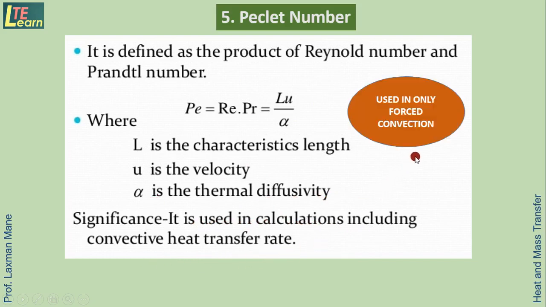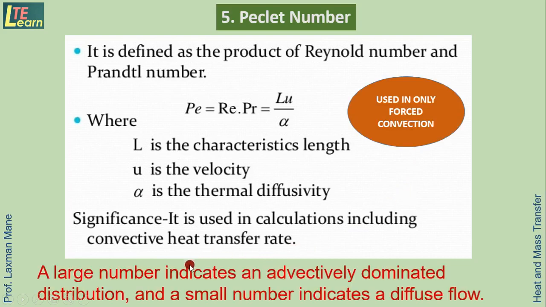It is used only in forced convection. A large number indicates advection. Advection means transport of fluid in a bulk motion. So this is advection dominated distribution, and a small number indicates a diffusive flow.